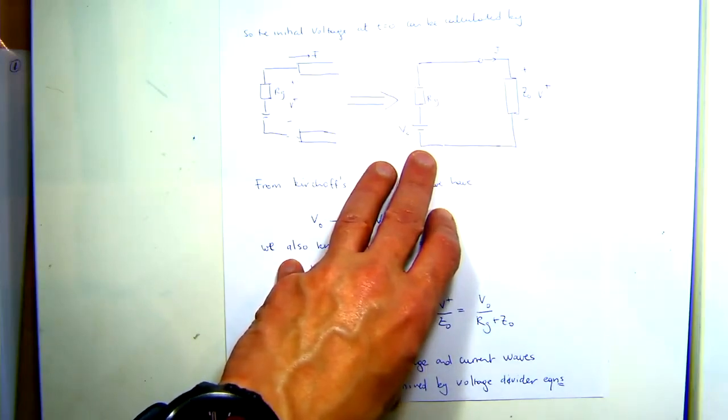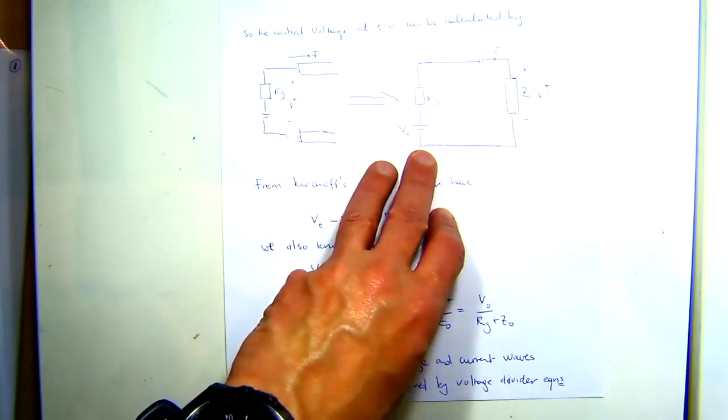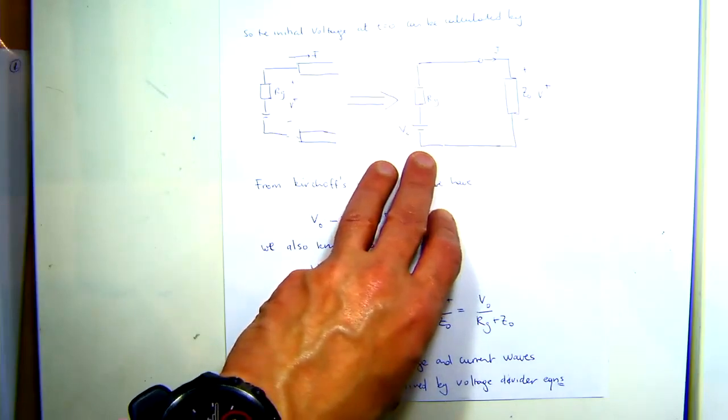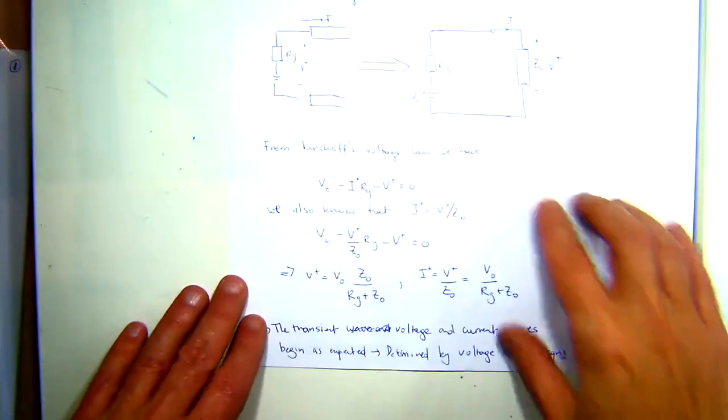The distance dictates how long it takes for that disturbance to hit that load impedance, and then change the boundary conditions in order to deal with that impedance at that location.